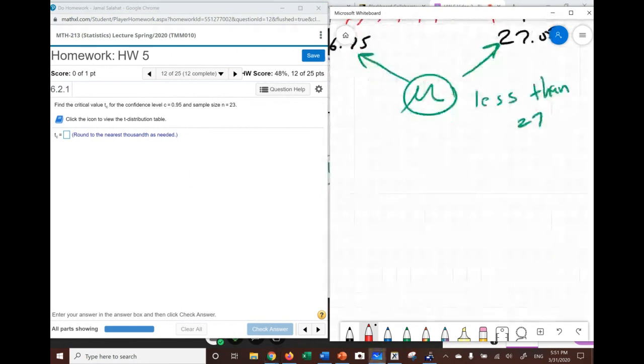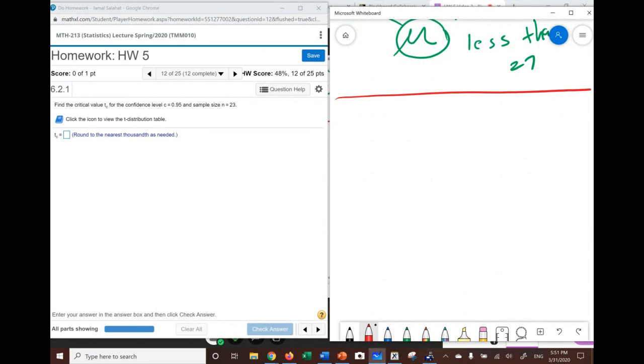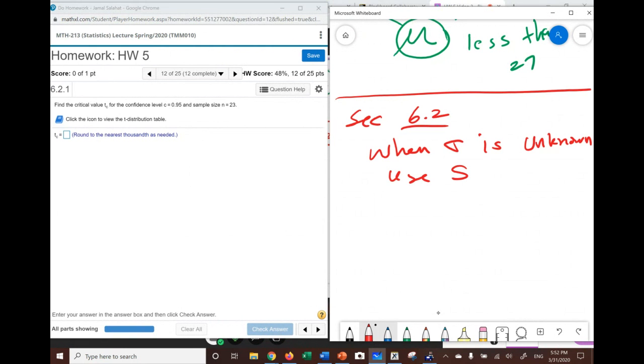Now, the next one. For the next one, we're going to move to section 6.2. Okay. And again, remember, this is chapter 6.2, but homework 5 still. Now, in section 6.2, we talk about when sigma is missing or unknown, use S. Notice that sigma and S both represent standard deviation.